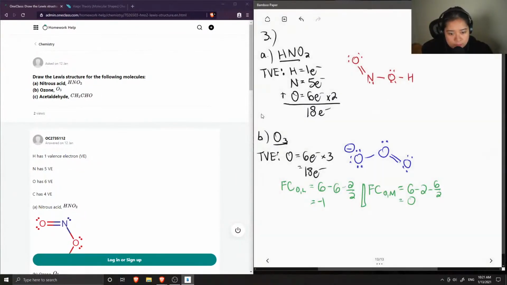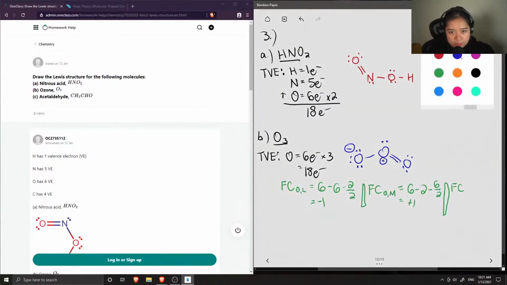And now let's do the formal charge. Oh, sorry, this is 6 minus 2 minus 3 is +1. So the middle oxygen will actually have a positive charge.